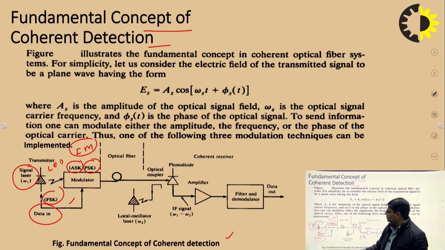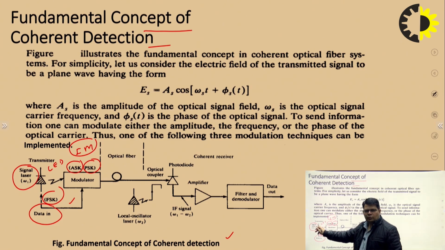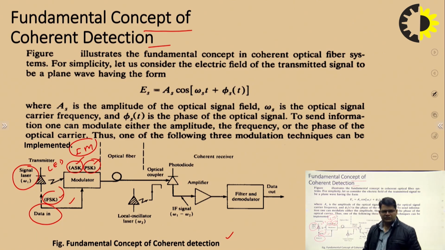On the transmitter side, we have a carrier signal in the form of light, then we have a message signal, data signal, that can be modulated using either ASK or PSK or FSK. Then the transmitted signal is passed through the optical fiber, which is acting as a channel.